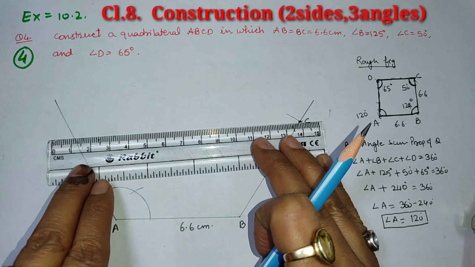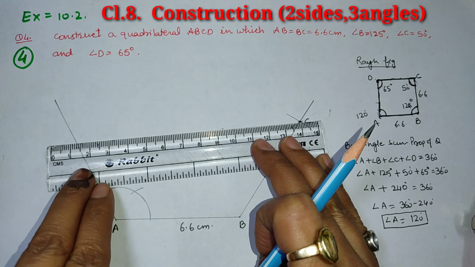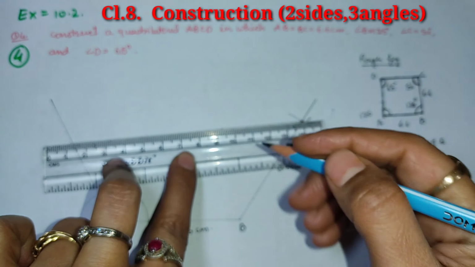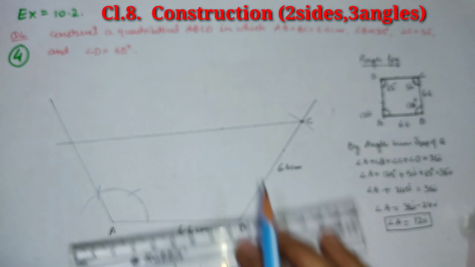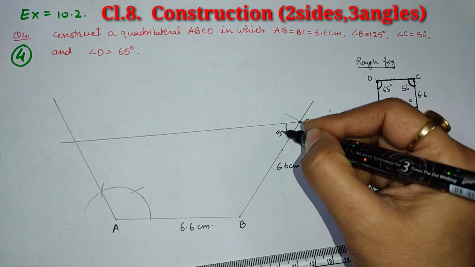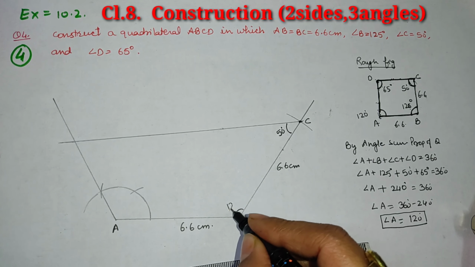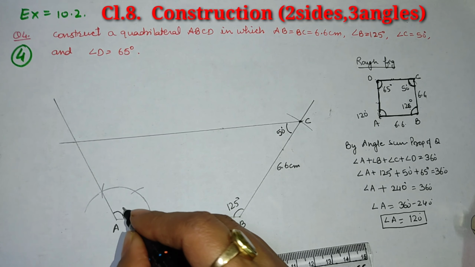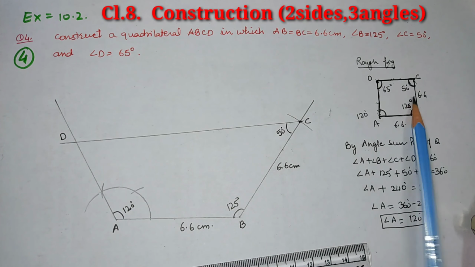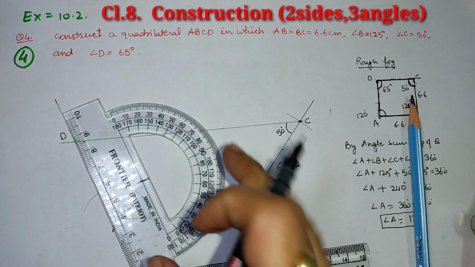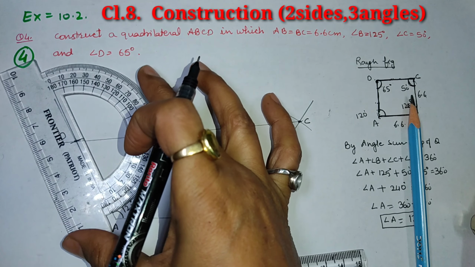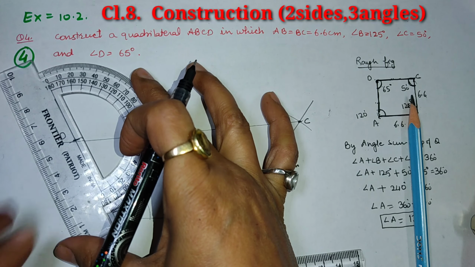Now match point C and this point of 50 degree angle. So it's your 50 degrees, your 125 degrees, and your 120 degrees, and this is your point D. You can easily check whether your angle is 65 or not. Place the protractor and read it out.